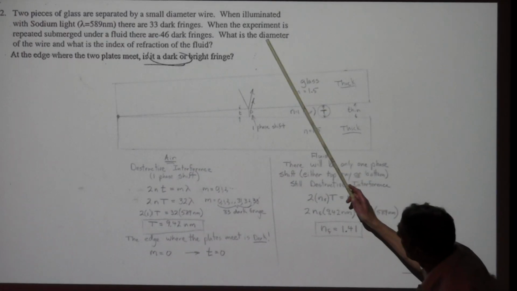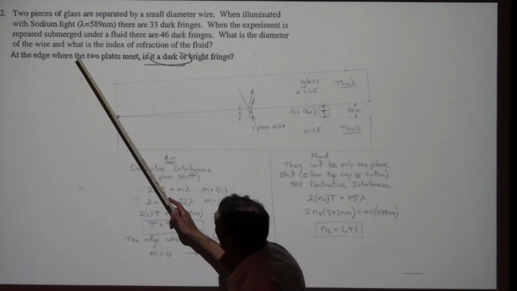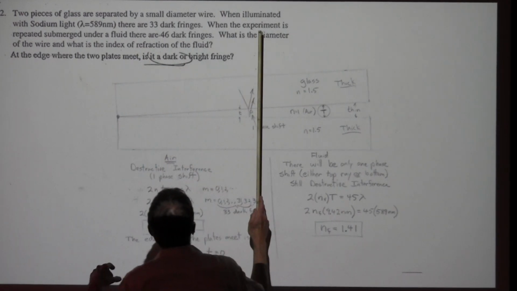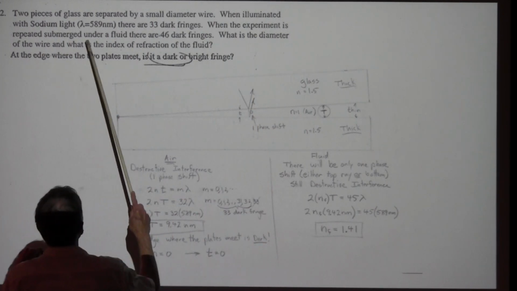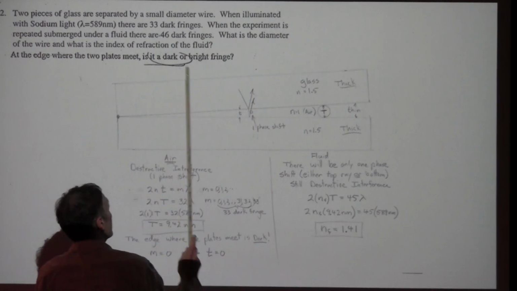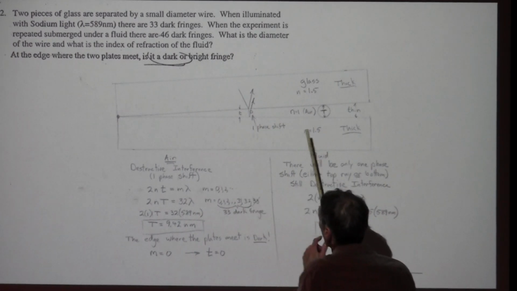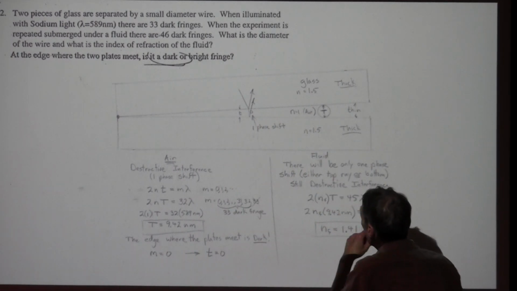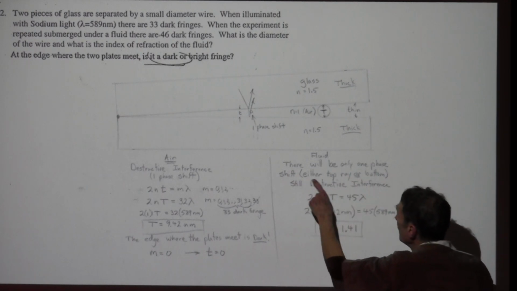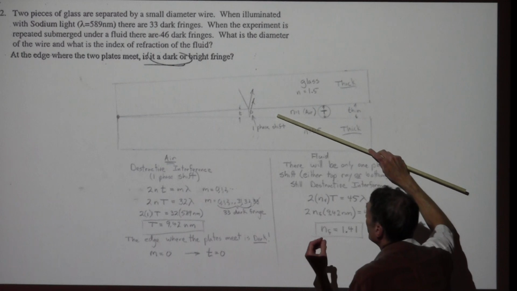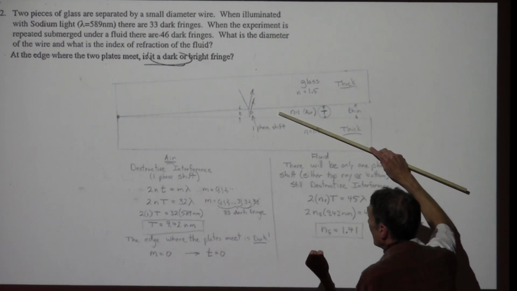Then he's not done with you yet: what is the index of refraction of the fluid when the experiment is repeated submerged under a fluid? So we went from air to a fluid. With a fluid, there will be only one phase shift. I don't know what the index of refraction is; we're supposed to find that.